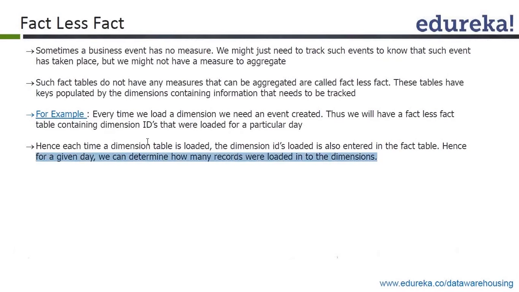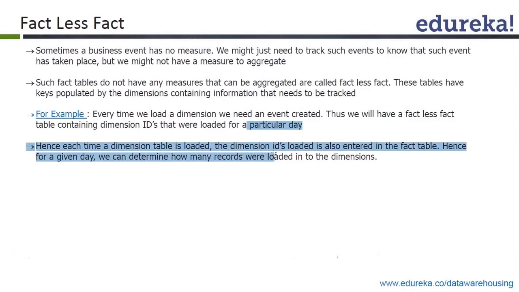Every time we load a dimension table. So they're just saying that if there is a new dimension record going into a dimension table, that means some event happened, so there will be a new record created in your fact table to accommodate that event.